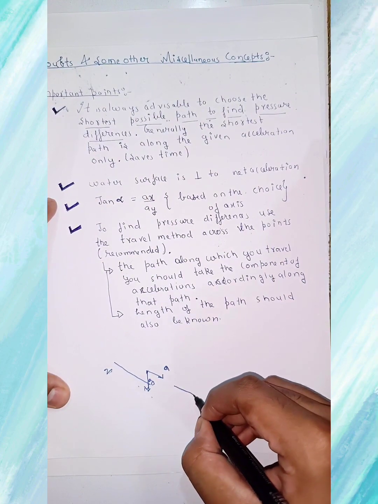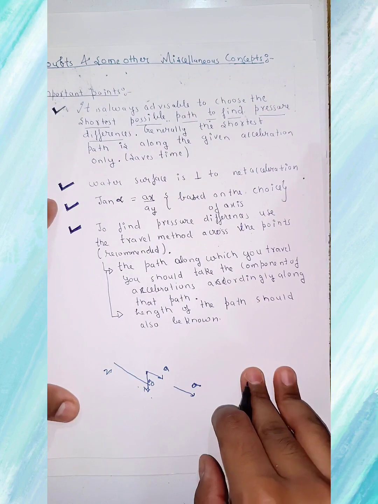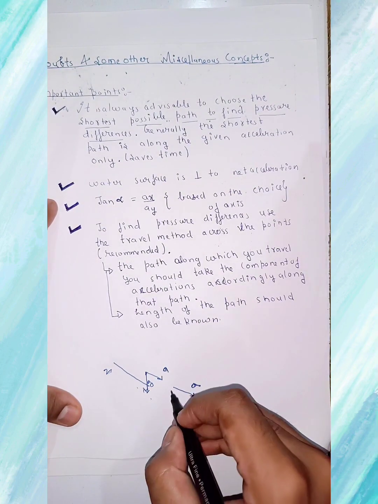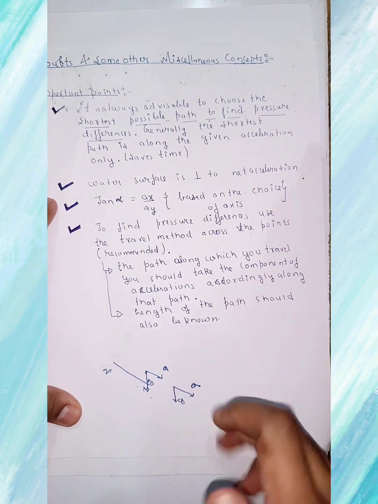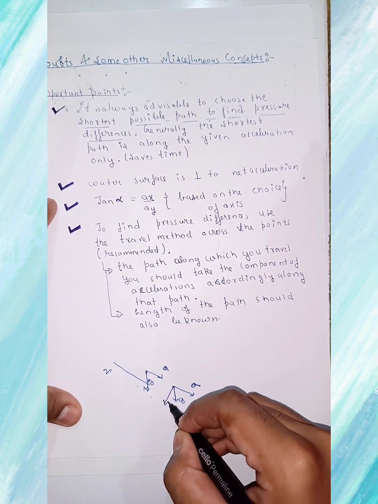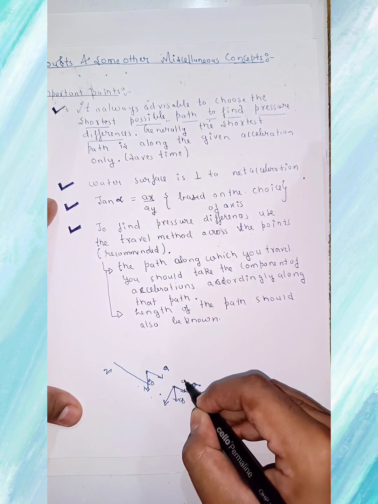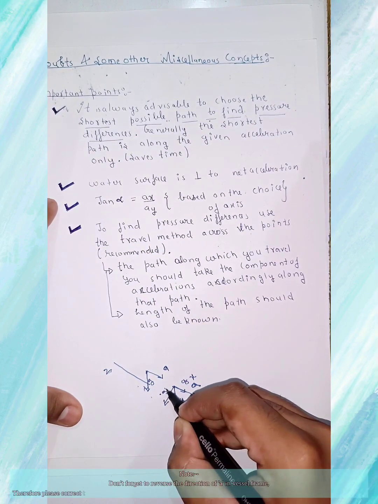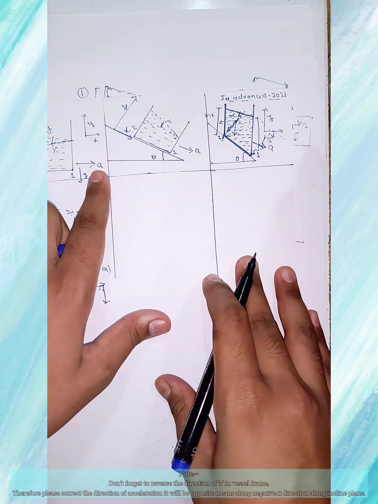One is like this, and sometimes we forget acceleration due to gravity. It is like this, and its 2 components will be there. One will be in this direction, and another will be like this. This is gx and this is gy.